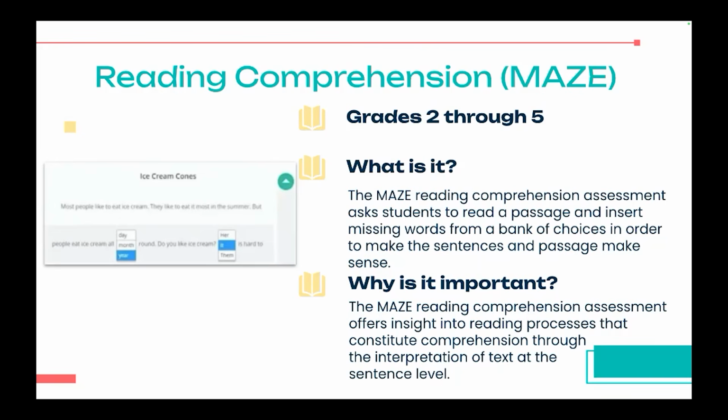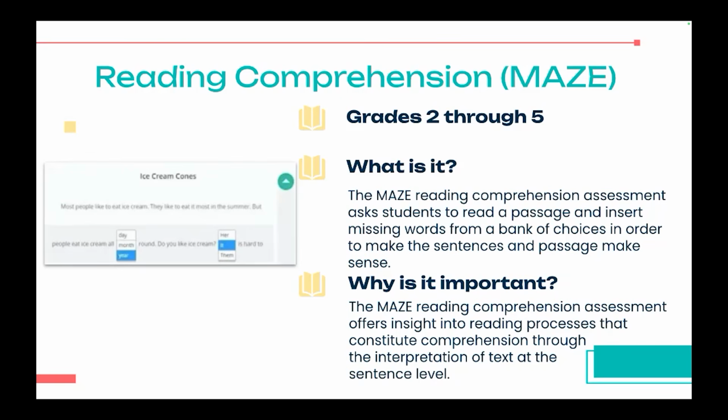All right. And lastly, the last DIBELS assessment measure that we're going to talk about measures reading comprehension through an assessment called MAZE, M-A-Z-E. Students in grades 2 through 5 participate in the MAZE assessment. The MAZE reading comprehension assessment asks students to read a passage and insert missing words from a bank of choices in order to make the sentences and passage make sense.